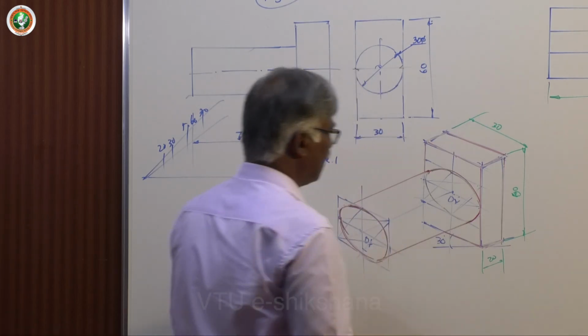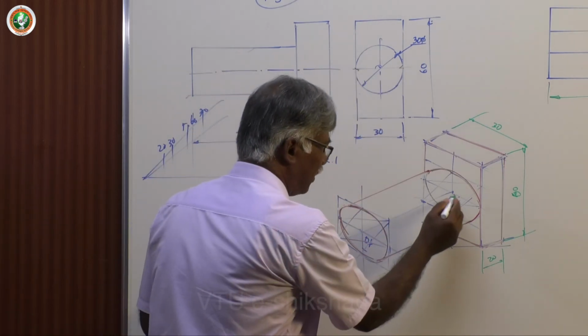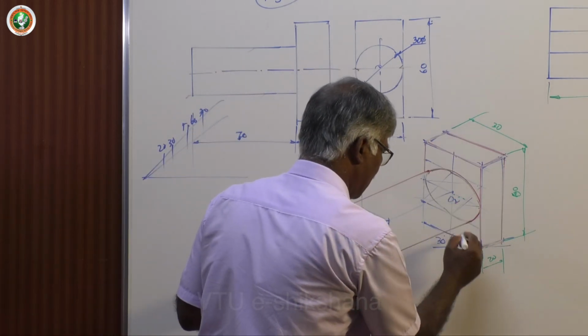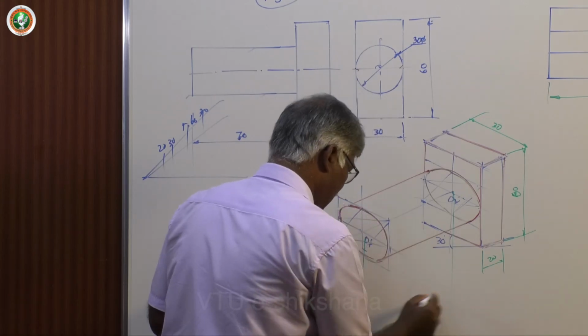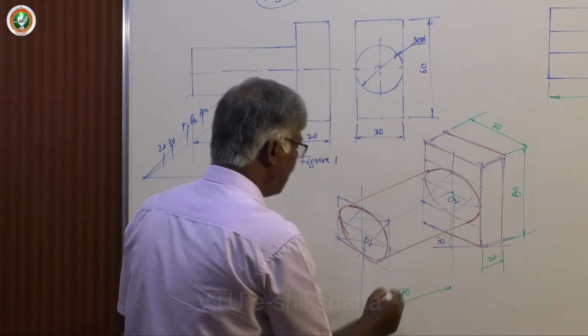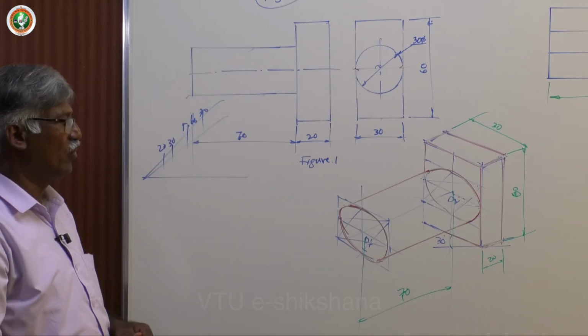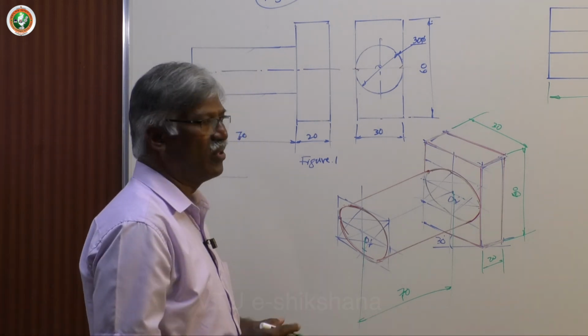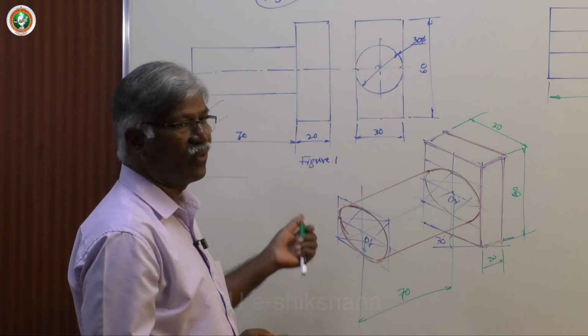So it's short. So here is the overall length of this, you can keep the center to center distance 70. So as per the given dimensions, that's all you have to do. So this is about figure 1.